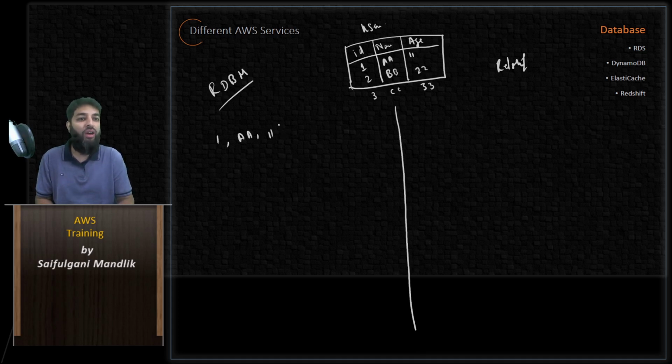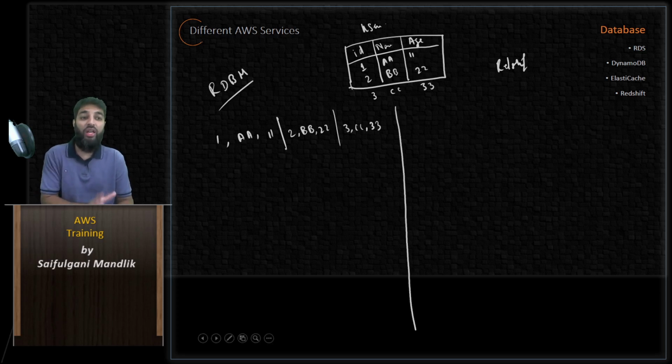Then maybe a row separator, let's say a pipe, 2 BB 22, then a pipe, 3 CC 33. This is how the records will be stored on disk for this table in an RDBMS. All records of a row will be stored together.